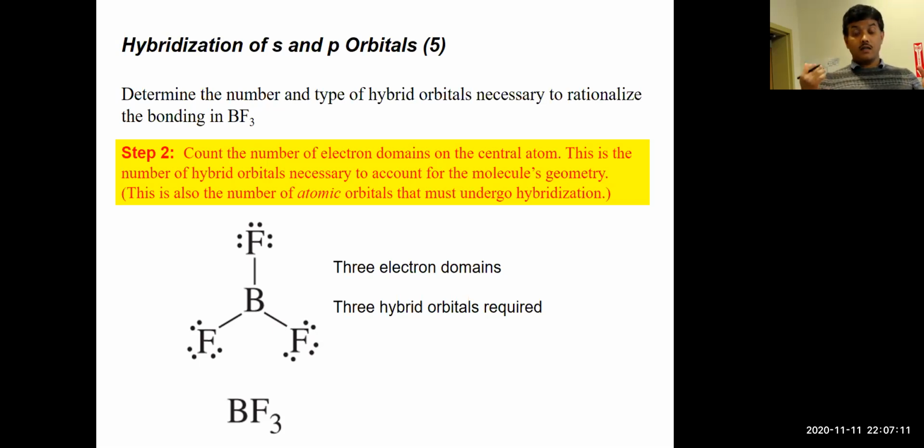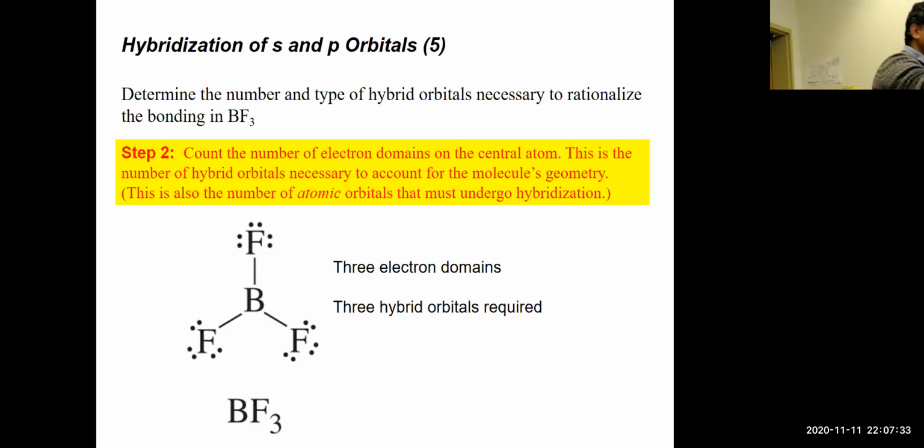So to rationalize the bonding in BF3, we need to come up with 3 hybrid orbitals for boron, to react with the 2p orbital of each of the 3 fluorine atoms to explain how bonding actually occurs.